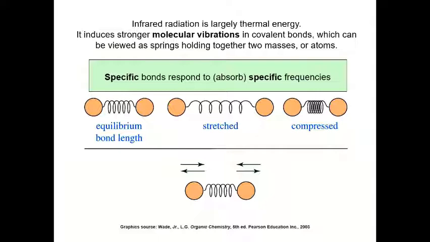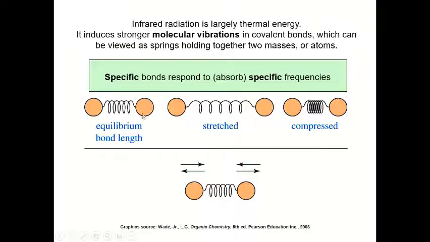In this diagram, we can understand that the infrared radiation is largely a thermal energy that induces stronger molecular vibration in covalent bonds, which can be viewed as a spring holding together two masses or atoms, right? Specific bonds respond by absorbing specific frequencies, right?